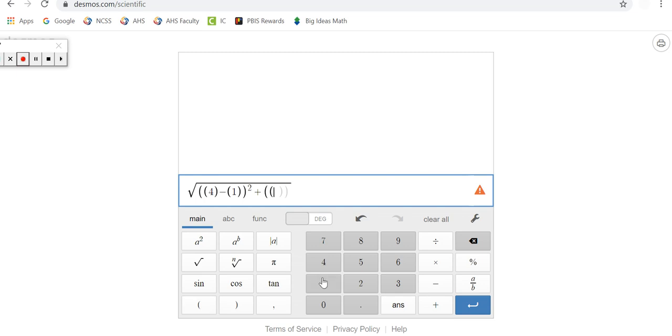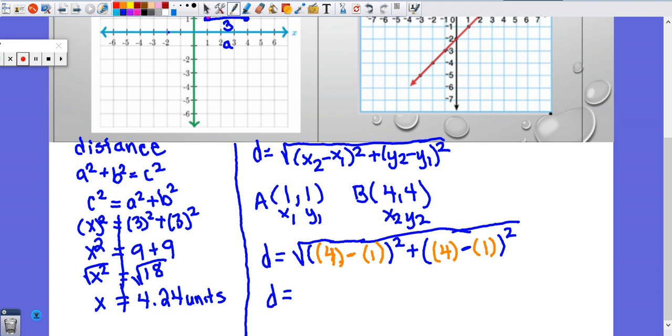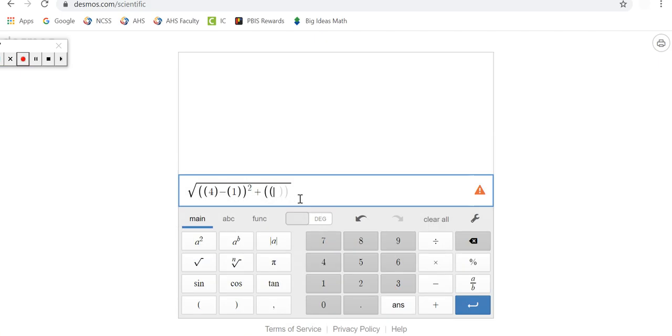let me go see. So the second one was 4, close the parentheses, minus, open the parentheses, 1, and then we're going to square that, and then we're going to close the parentheses. Oops, hold on. Delete.